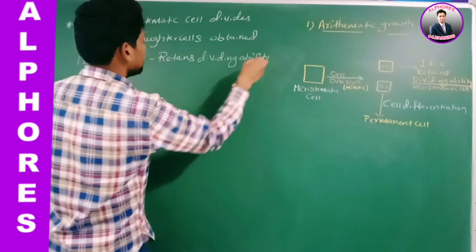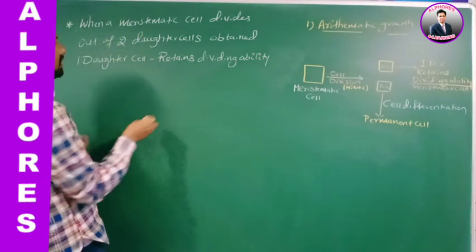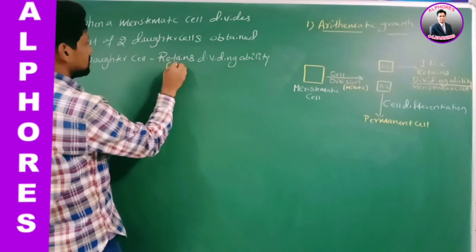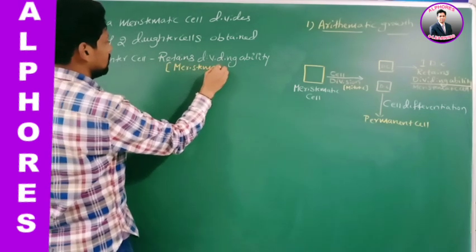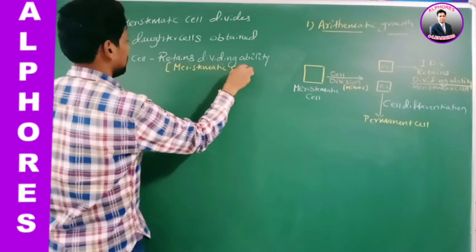One daughter cell retains which ability? Dividing ability. It means one daughter cell will be a meristematic cell, right?